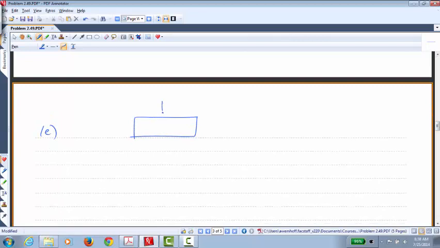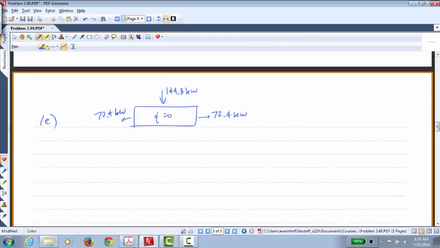We know from earlier parts that we have 144.8 kilowatts coming in to the radial sides, and we know we have 72.4 kilowatts coming out of the ends, and we know that there's no generation inside. Q dot is 0. So we're going to form an energy balance over a CV we're drawing around the whole cylinder.